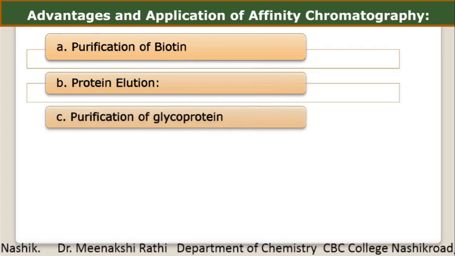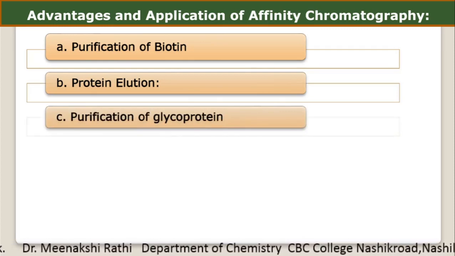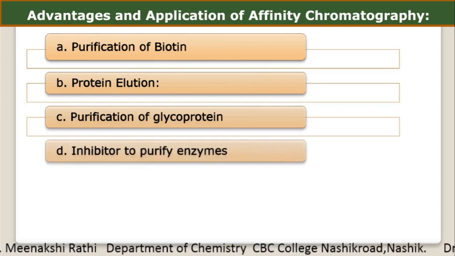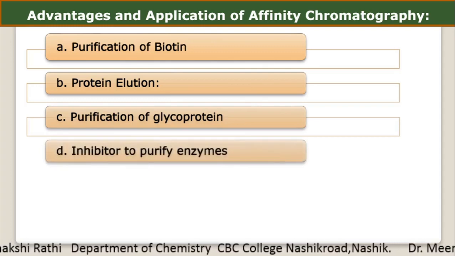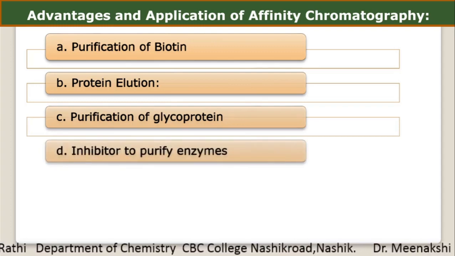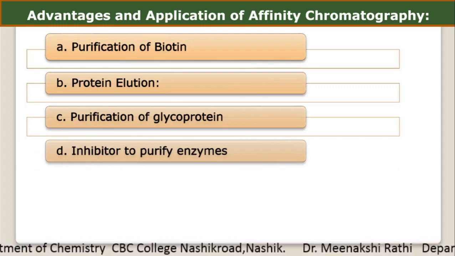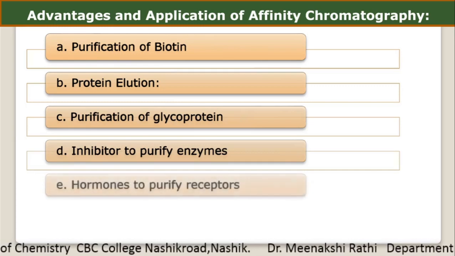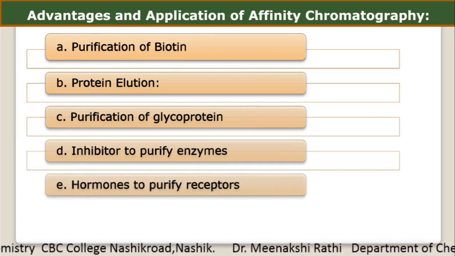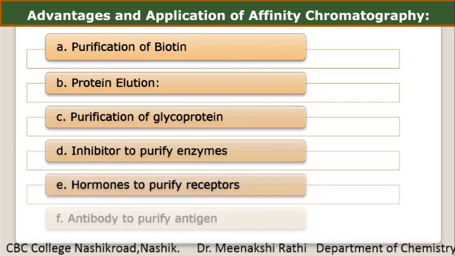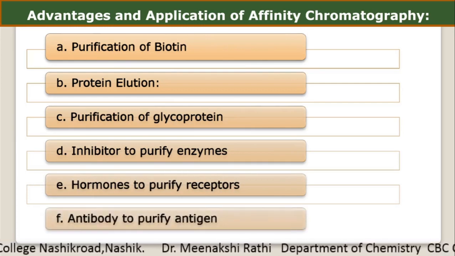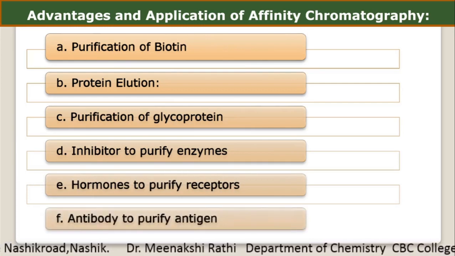It is also used for purification of glycoproteins. Inhibitors are used as immobilized ligands to purify the enzymes. Certain hormones are used to purify the receptors, while antibodies are used as a ligand to purify the antigen.